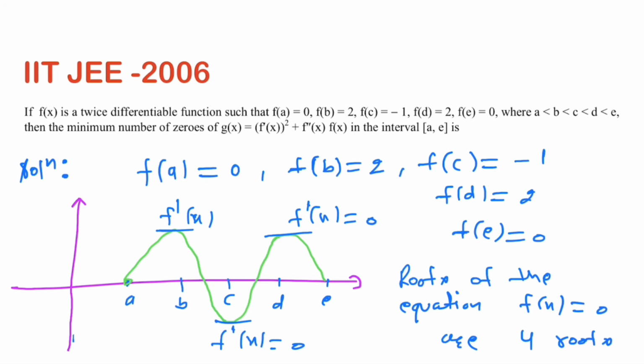I am trying to explain this particular question once again. Let's see here. It is given that f(a) equals 0, so we have taken the value of a as 0. f(b) equals 2, so that will be some positive value above the x-axis. f(c) equals -1, so at c we get a value below the x-axis, and f(d) equals 2, again at d we get a value above the x-axis, and f(e) equals 0, so we get the value exactly on the x-axis.